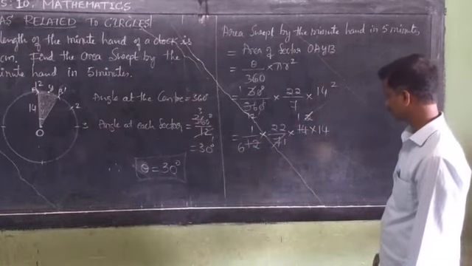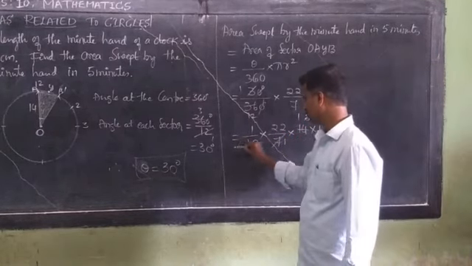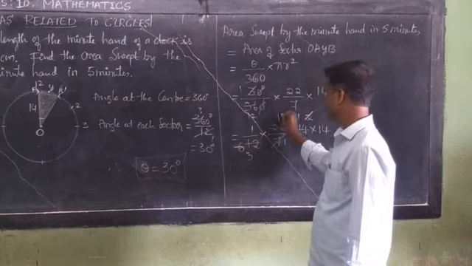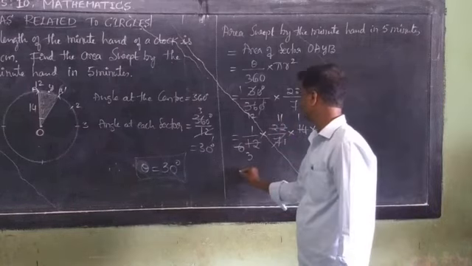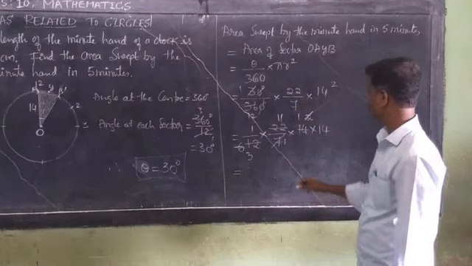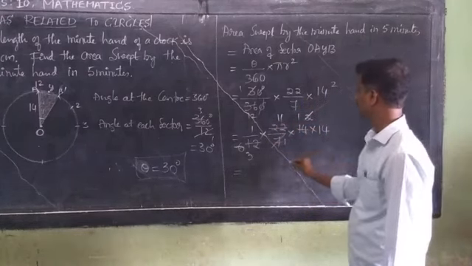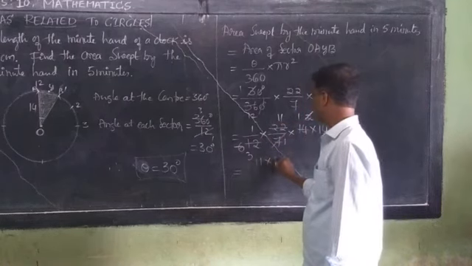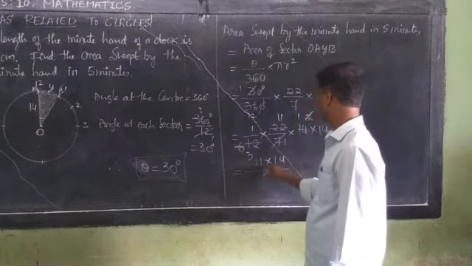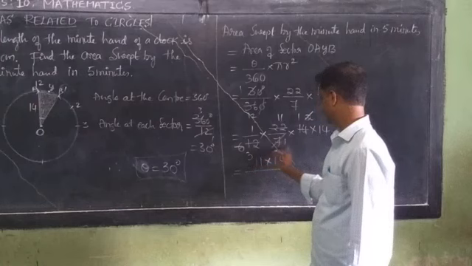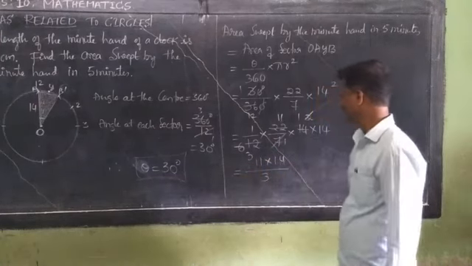Now that is equal to 1 into 11 into 1 into 14 divided by 3. So first we multiply 11 into 14.